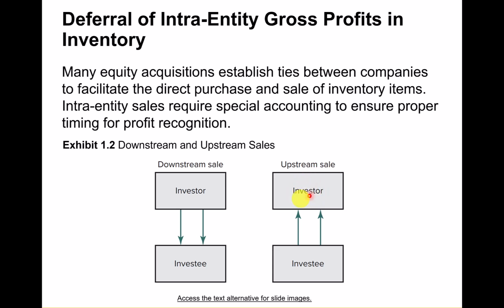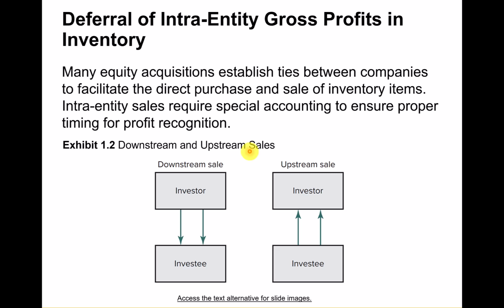If the buyer doesn't resell everything to a third party, our investor has to defer part of the profit for the things that are not sold, probably to next year when it is sold.